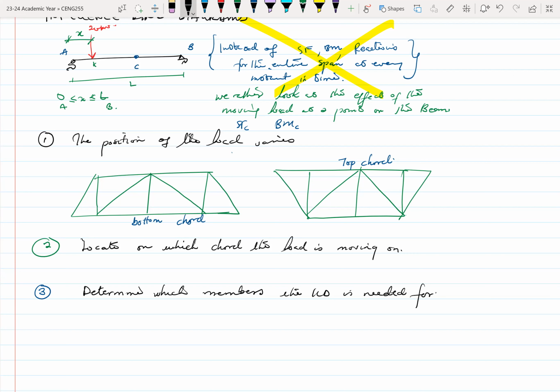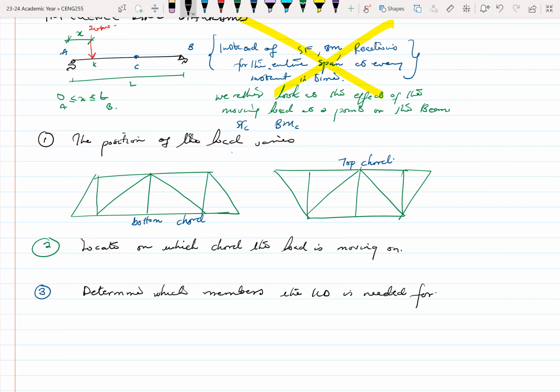In real life design, you will do it for every member. Then you look for the most critical member. But in exams or in classwork, we draw the ILD for just a few members, maybe 3 members at most.